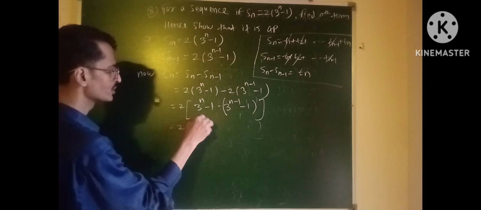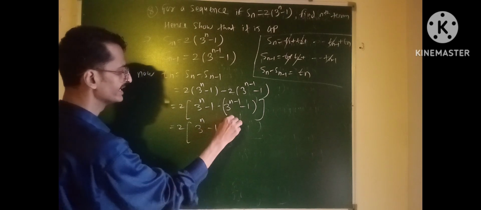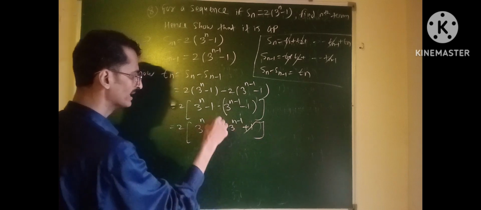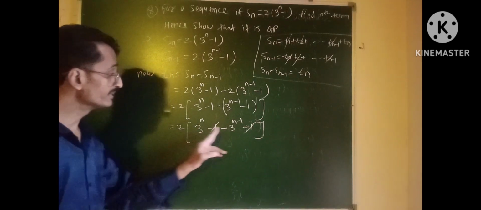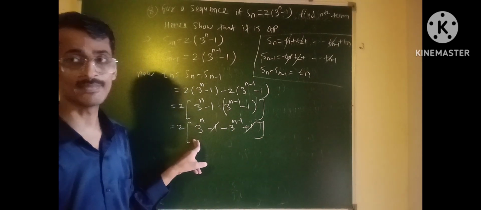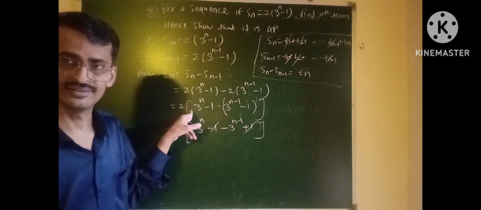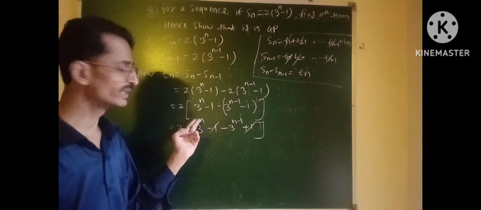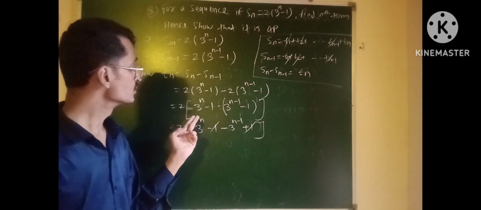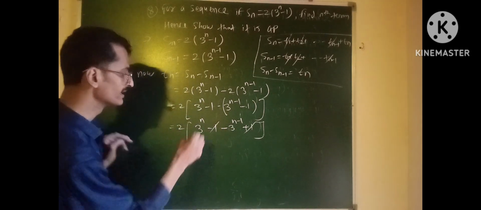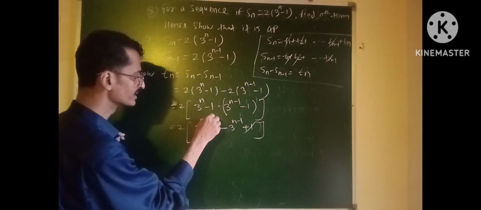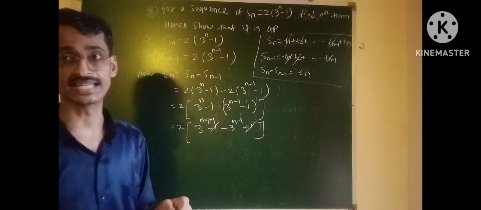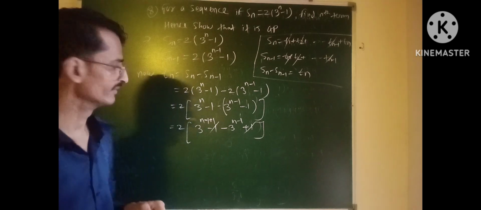So 2 common, 3 raised to n minus 1 minus 3 raised to n minus 1 minus 1. Minus minus is plus 1, so 1 and 1 cancel. Now from this write 3 raised to n minus 1 common, and this is 3 raised to n. So how can we write common? n minus 1 is smaller than n, so this n we write as n minus 1 plus 1. That means we add and subtract 1 with n.